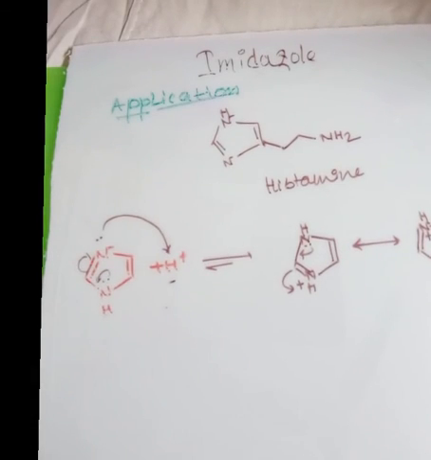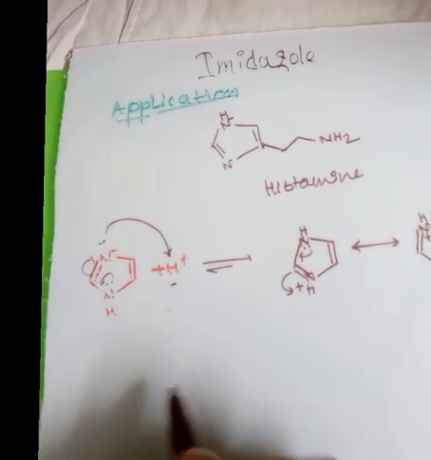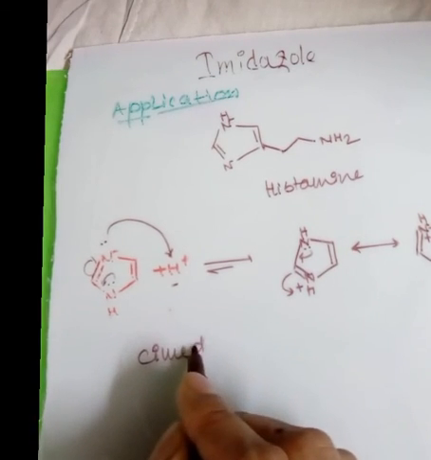For this reason, the antipeptic ulcer drug cimetidine was developed to use as an antipeptic ulcer drug, and this is the cimetidine structure.